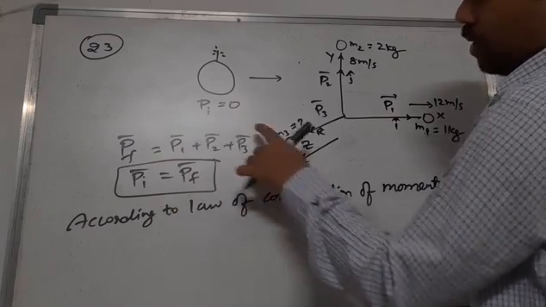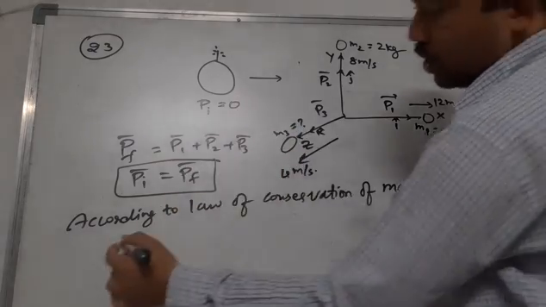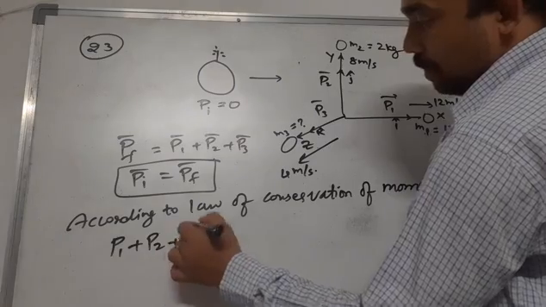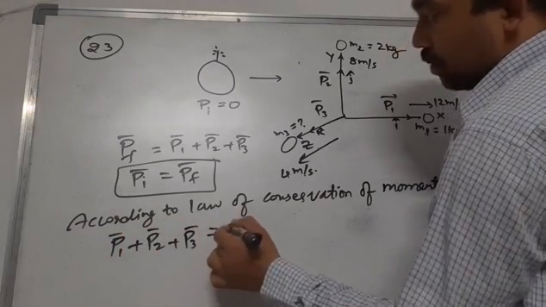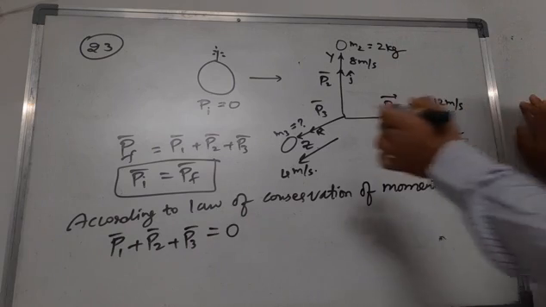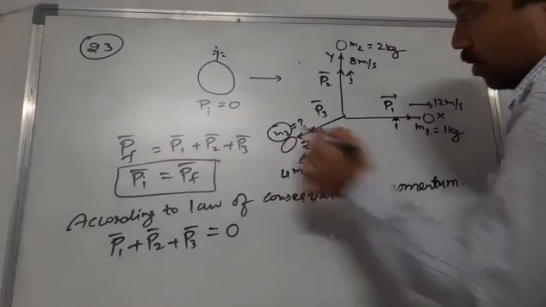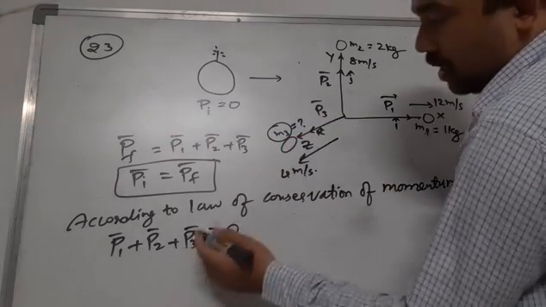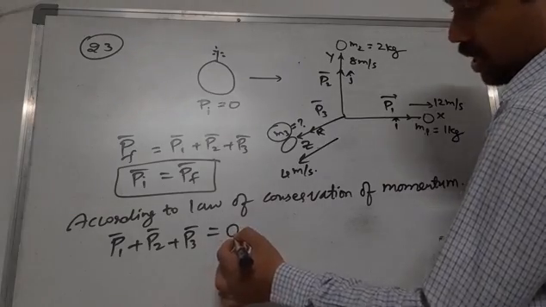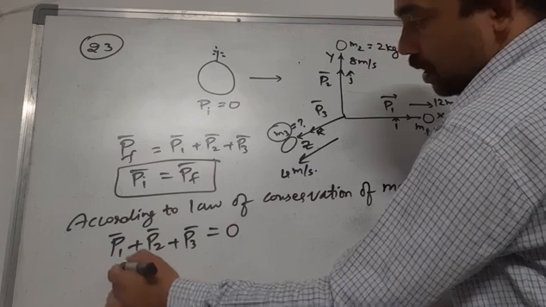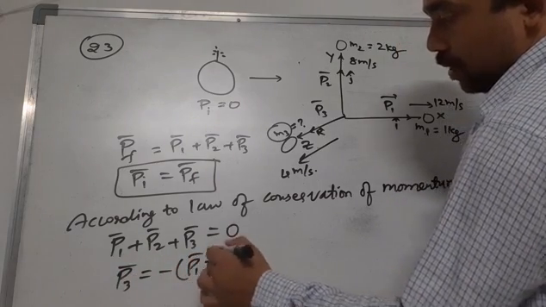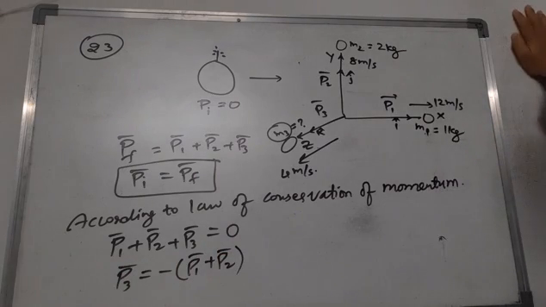This is the final momentum. This must be equal to 0. So we are writing like this: P1 plus P2 plus P3, the vector sum must be equal to 0. So we have to find this M3 now. So you keep this P3 this side. Remaining these two things you bring to RHS side. What you will get? P3 bar is equal to minus of P1 bar plus P2 bar. Like this we will get.